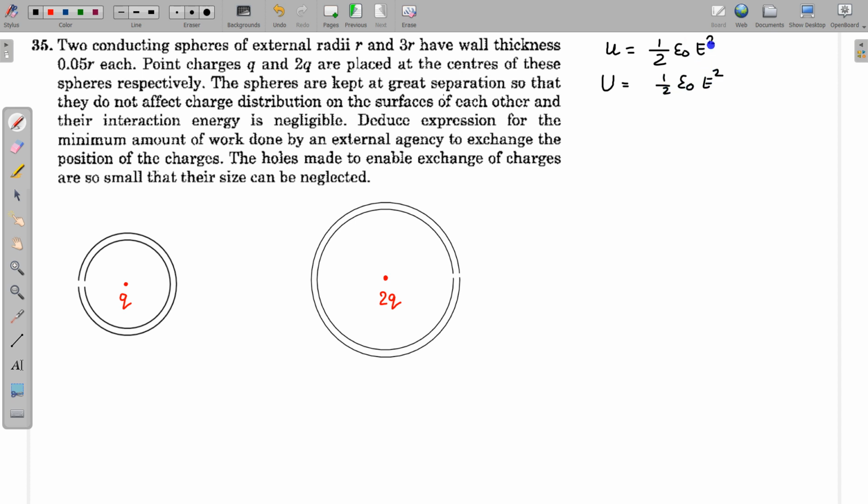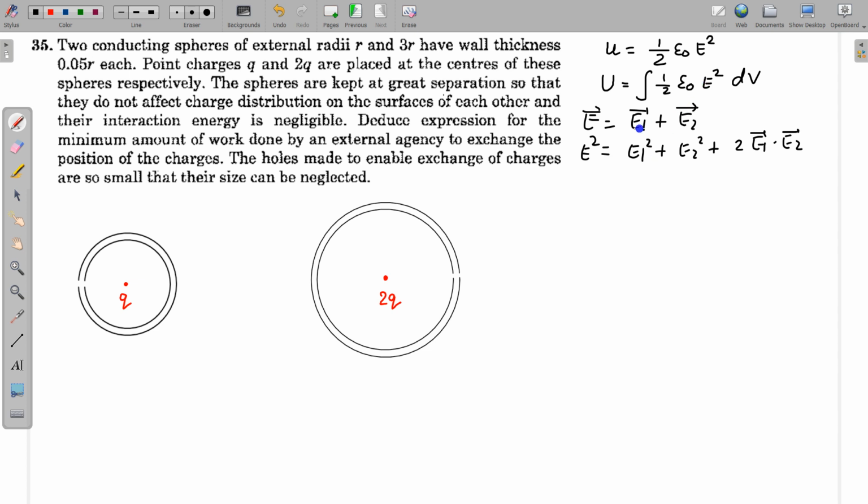If this electric field is variable in that region, then energy density will also be variable, and in that case we have to multiply with the elemental volume, and then integrate this expression to find the total energy stored in a particular volume. Mind you, this is the net electric field, and if we have two sources creating electric field, then E is equal to E1 plus E2, and E square can be written as E1 square plus E2 square plus 2 E1 dot E2, or 2 E1 E2 cos theta.